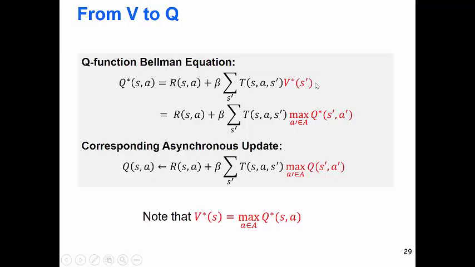All right? So this is just definitional here. And the key thing to realize is that the optimal value function at s' is equal to the max over all actions.